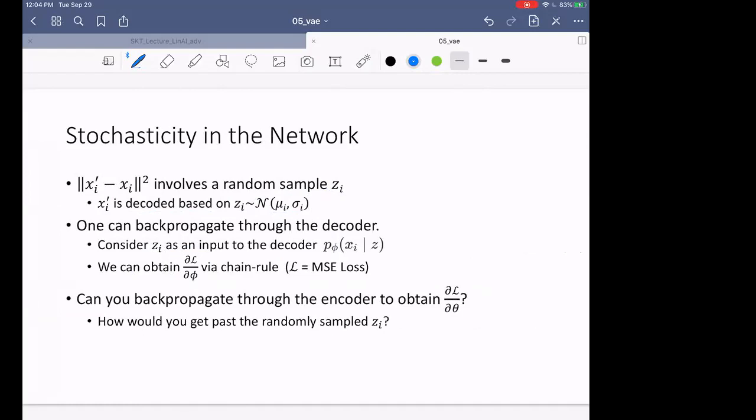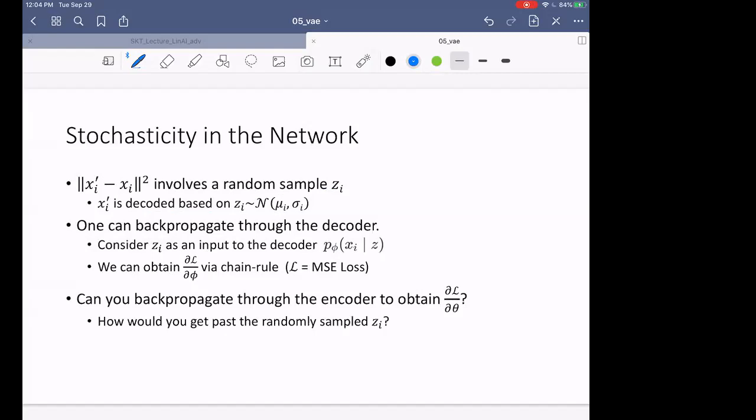Can you do that? Because in all our previous examples, backpropagation was done through a deterministic process. You have an encoder, you have a logistic regression, you have an MLP, or you have an autoencoder, which are all deterministic. There's no sampling in the process of going from the input to the output, there was no stochastic or random element in it.